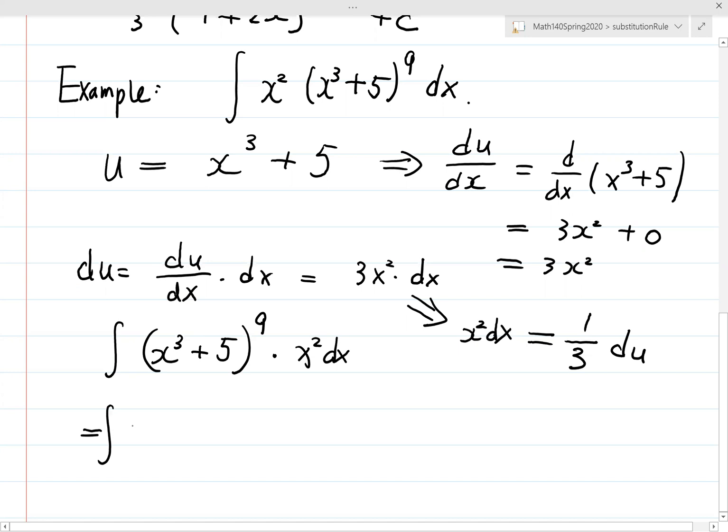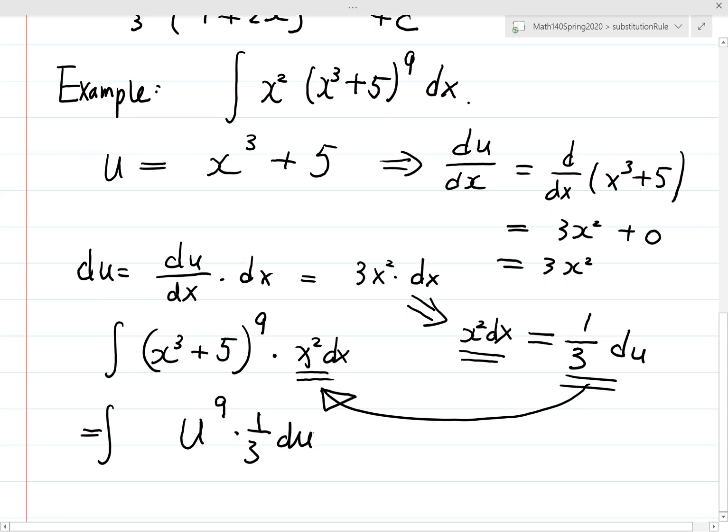Then you apply substitution. U is x cubed plus 5, so you substitute that factor by u to the power 9, and x squared dx is substituted by 1/3 du.